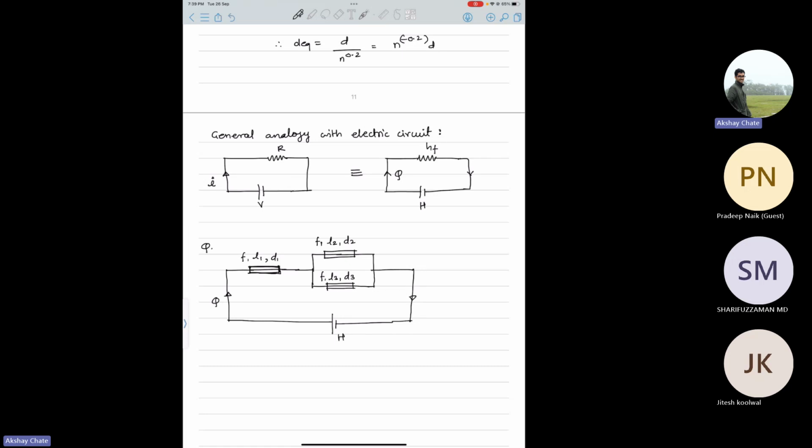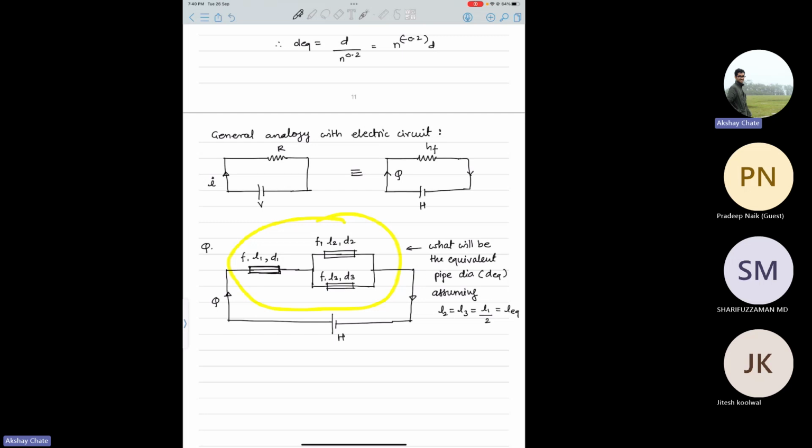Now the question is, if I want to reduce this pipe arrangement, what will be the equivalent pipe diameter, assuming L2 and L3 are equal, which is equal to L1 by 2. That means L2 and L3 are half of L1, and that is equal to the equivalent length.